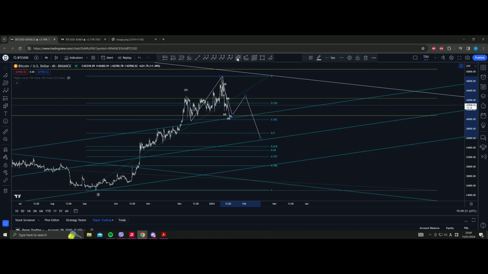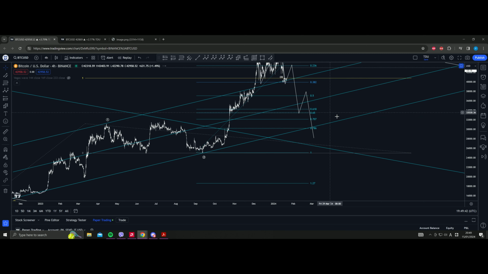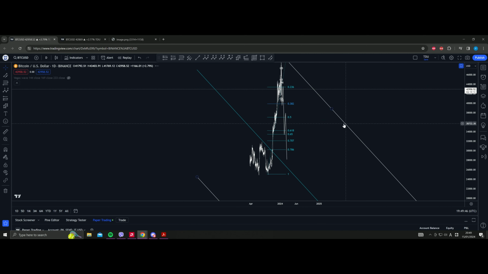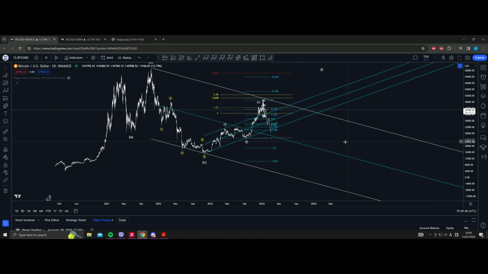But if something like this happens, 1, 2, 3, 4, 5, well, then I would consider this is just a wave 1 of a larger correction that will go back to the 10K. So 1, 2, 3, 4, 5, and then we complete the ABC zigzag.